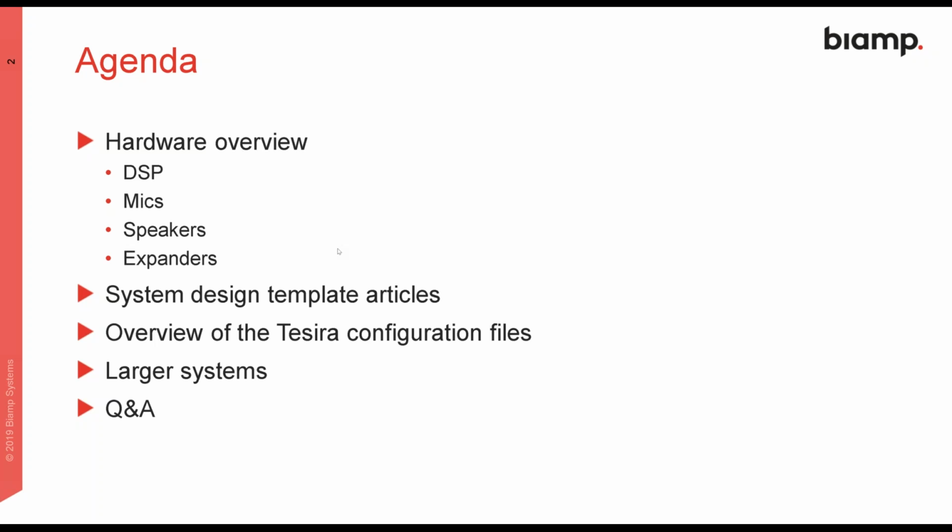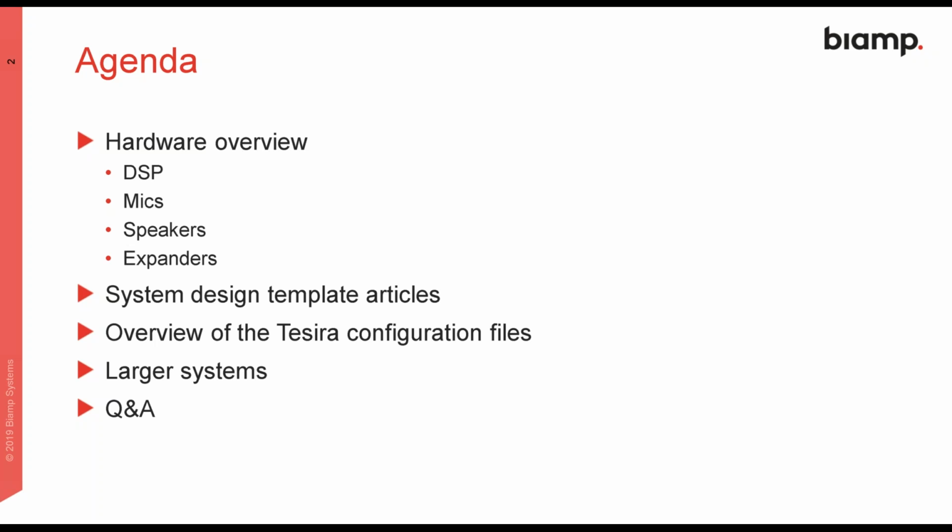So here's the agenda. To start with, we'll see what equipment we're going to use in a standard Biamp conference room. So the DSP, which is what Biamp used to specialize in until recently. We've now developed some microphones as well, some speakers, some expanders. We'll talk more about it in detail as we go.